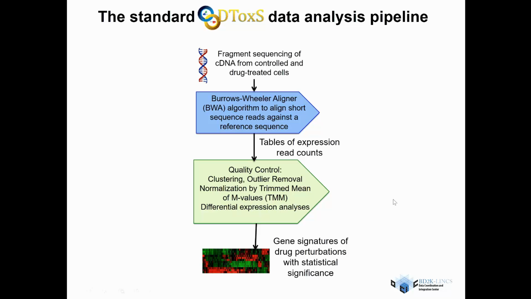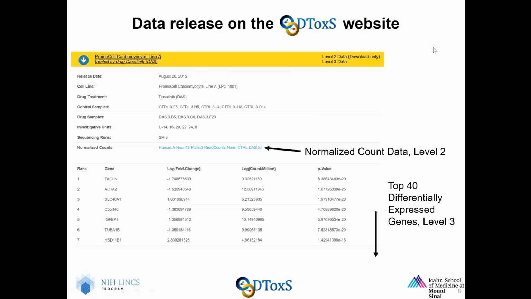But at the end of the day, what we get is a list of differentially expressed genes, which we can give to the clinician, and determine gene signatures which are statistically significant and are associated with the different drug perturbations. So this is from the dToxS website. The level 2 data is the counts data. Level 3 data is a list of differentially expressed genes.